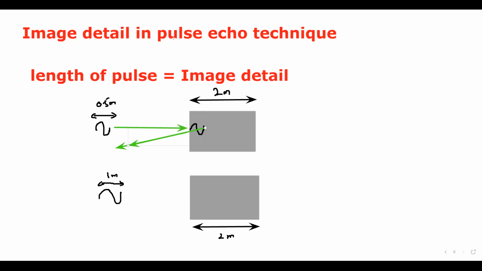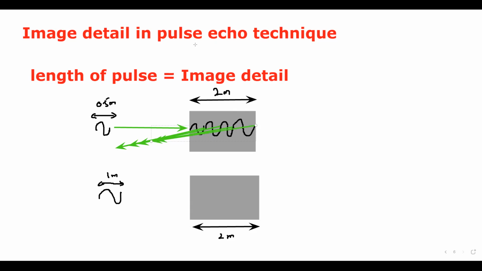Then after another 0.5, part of the pulse will bounce back. Then another 0.5, which makes it 2, part of the pulse will bounce back, or wherever the medium changes, mostly bounce back.